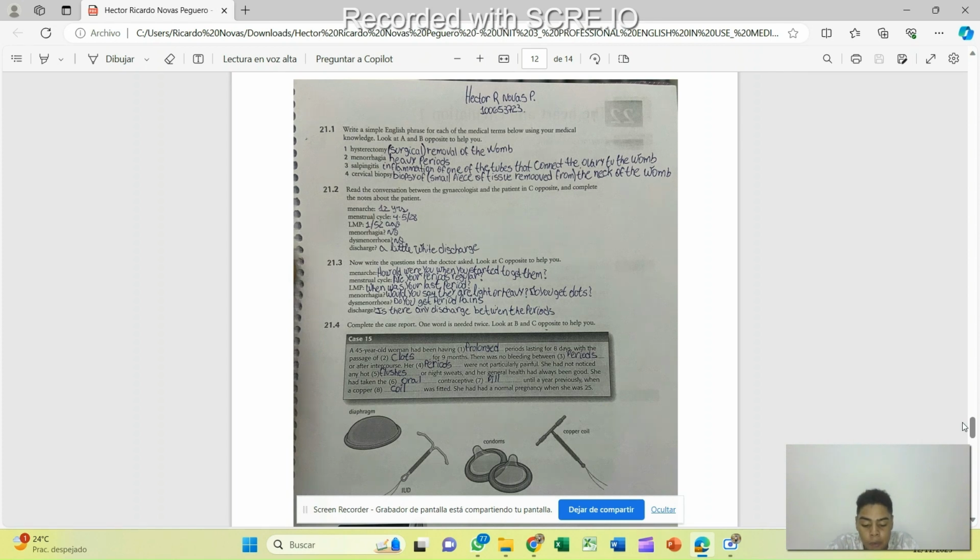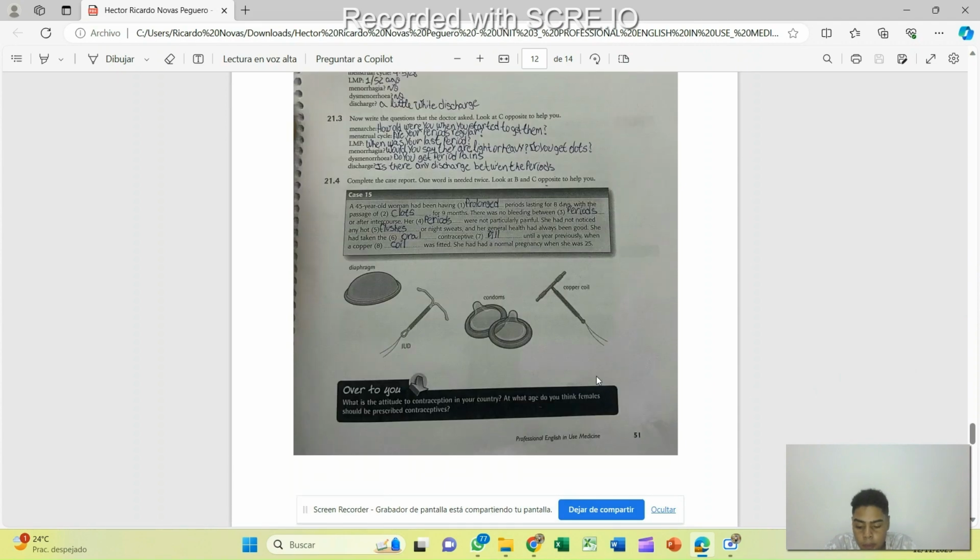She had a normal pregnancy when she was 25, and diaphragm, IUD, condoms, Copper coil.